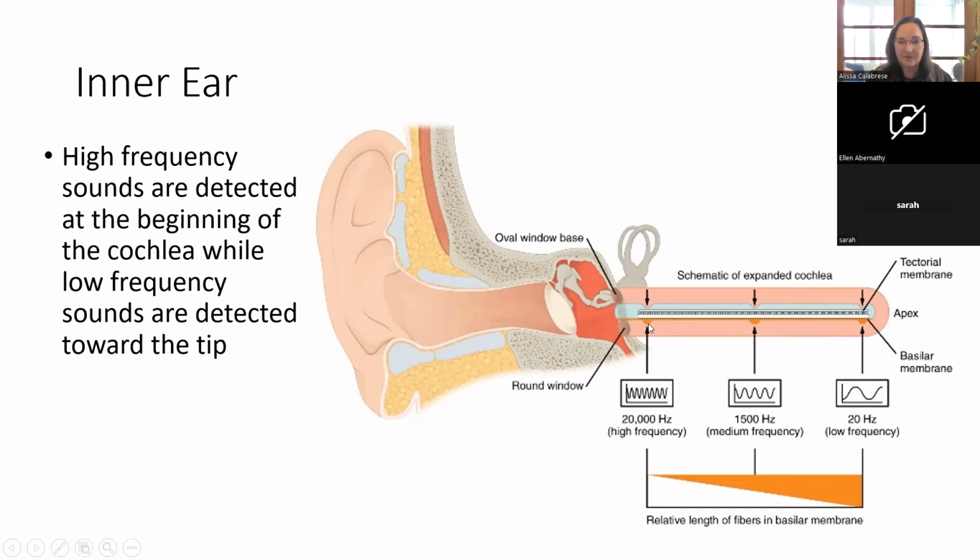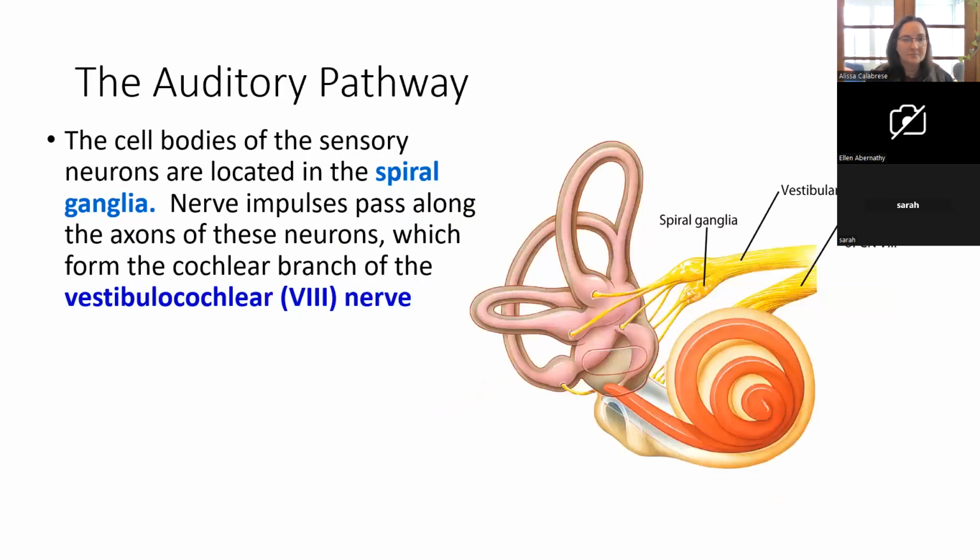The highest frequencies are near the entry, and the lowest frequencies are near the tip of the cochlea. Whatever frequencies they are, they're all going to be sent through the cochlear branch of the vestibulocochlear nerve, which is your cranial nerve 8.